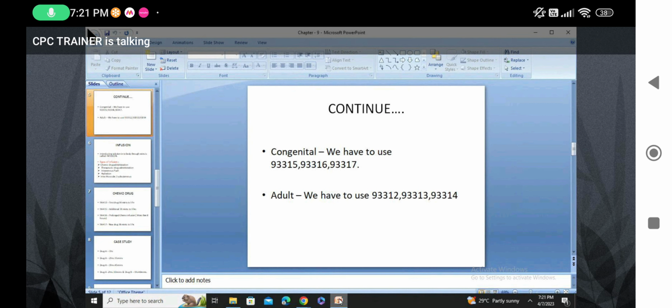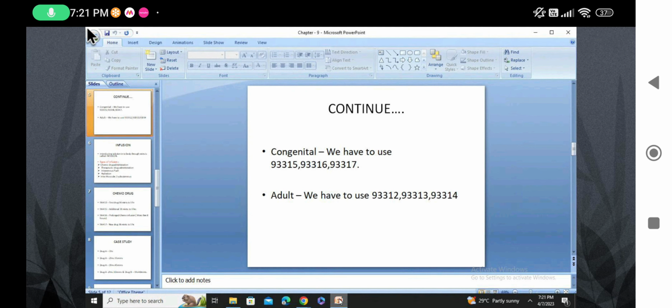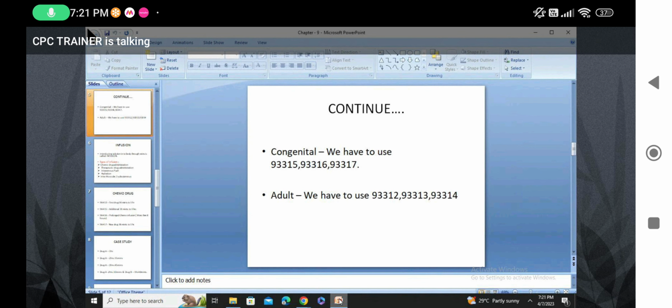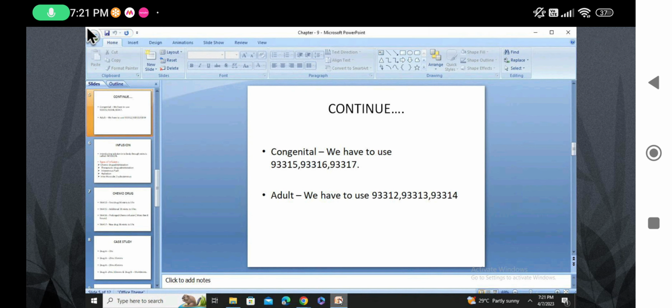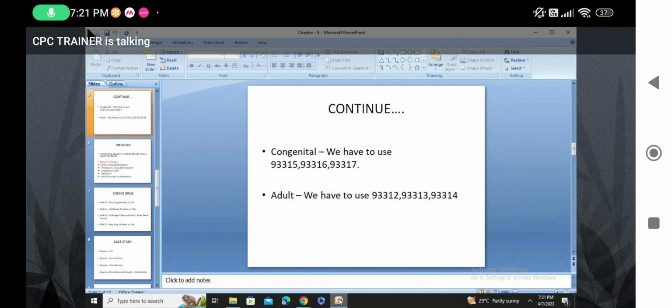So 93315, 16 and 17. So 93316, please note down, is probe placement.